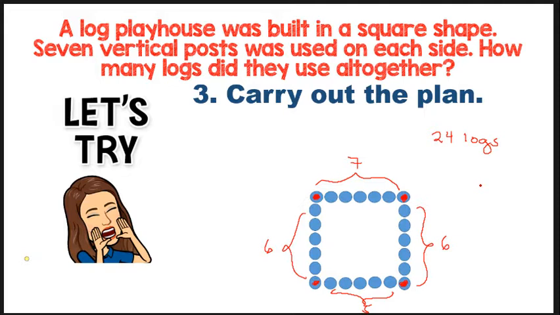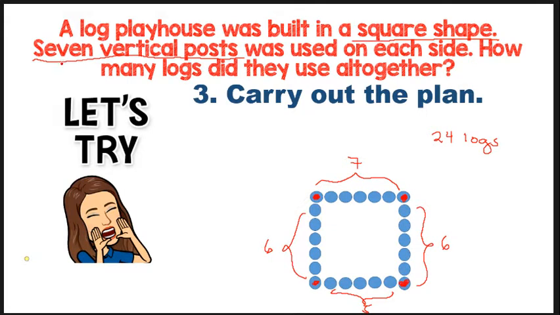Now let's think about the other possible answers that you might initially have thought of. If you see here the 7 vertical logs, and then it requires you to build a square shape, and we know that a square has four sides.